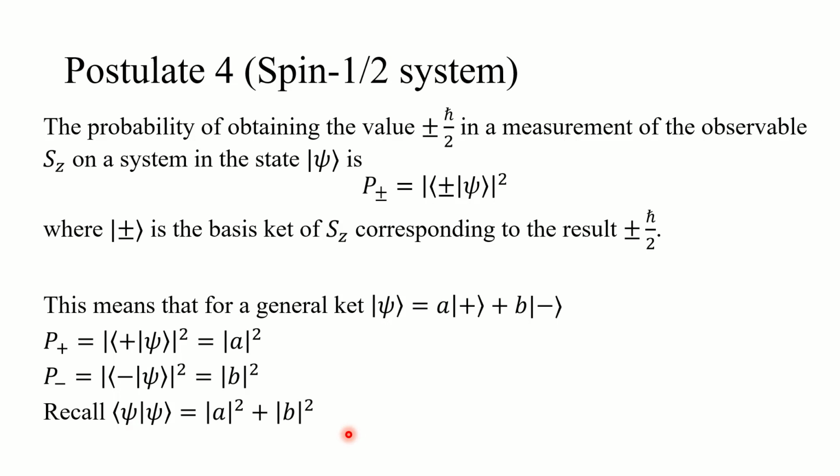You make a measurement, you can possibly measure it down, possibly measure it up, but if you make that measurement, you get a result. So you add those two probabilities together, it has to equal 1. So that's the reasoning behind why all our quantum mechanical state vectors have to be normalized, as in the inner product of a generalized vector with itself has to equal 1.